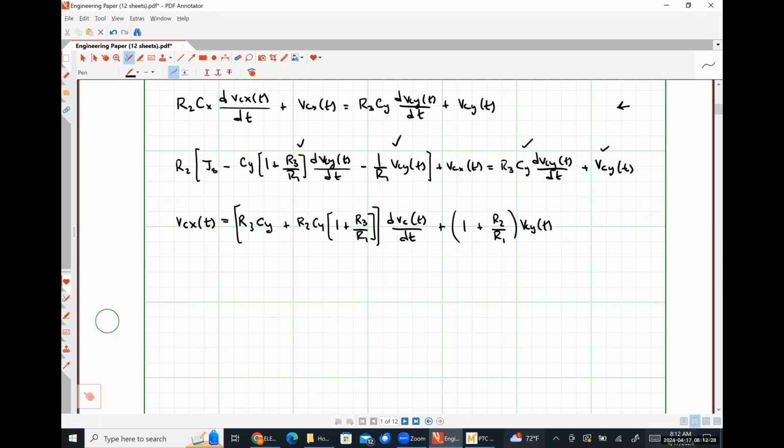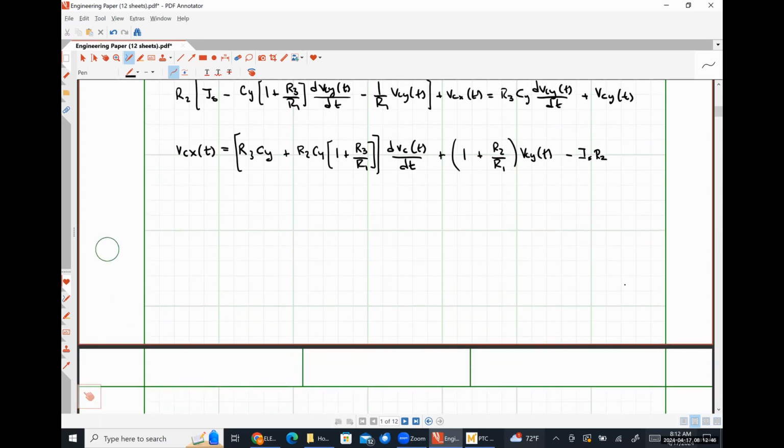Times VCY, which is me taking care of this guy, minus IS times R2. And then from this, I should be able to say that the derivative of VCX is just going to be the derivative of this equation above.